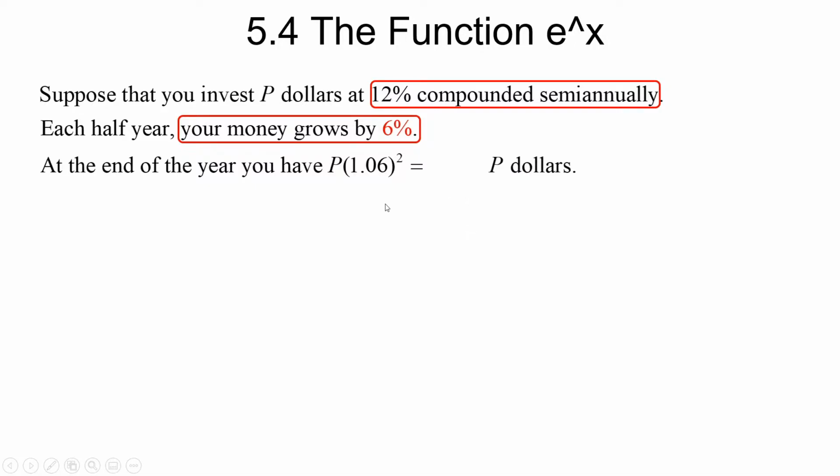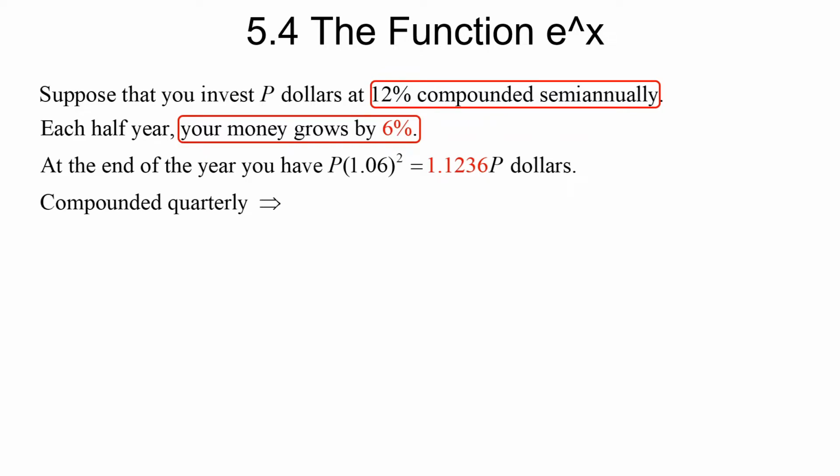Okay, so this is going to be 1.1236. So you see the 0.12 is my 12%, but because we compounded twice during the year, we got a little bit more than 12%. We got 12.36%. All right, so the more often we compound, the more money we make.